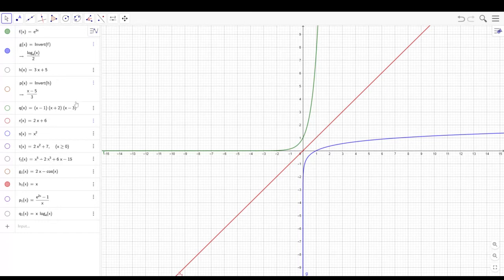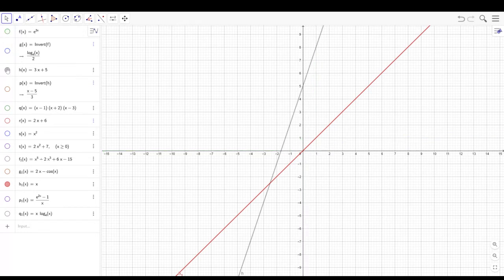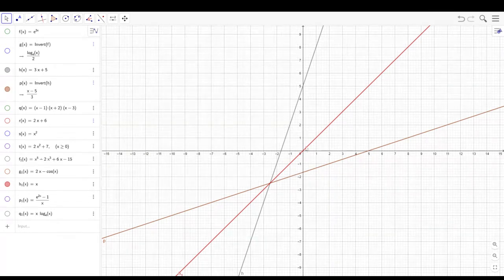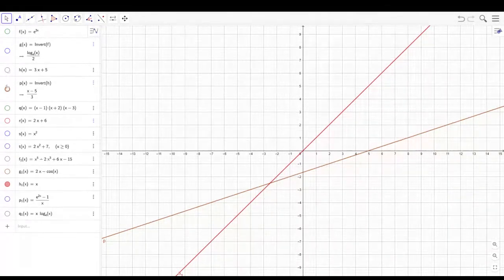That's pretty cool, right? Here's another one, 3x plus 5, and the inverse is there. You can see again, the grey curve is reflected in the red line to get the brown curve. Pretty cool, right?